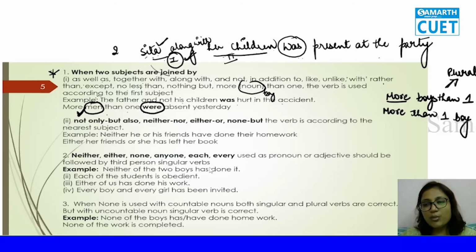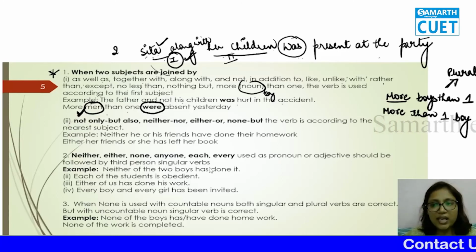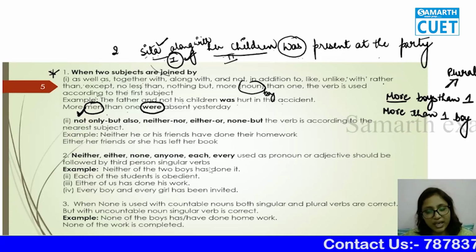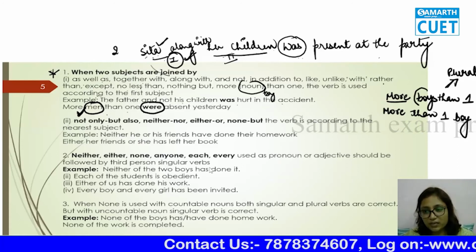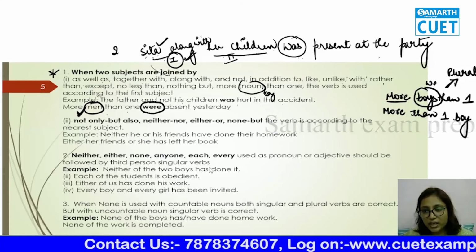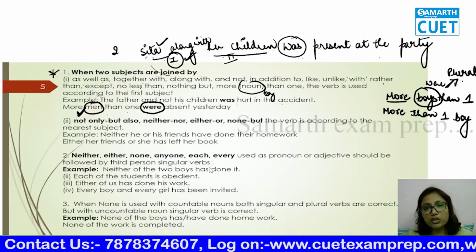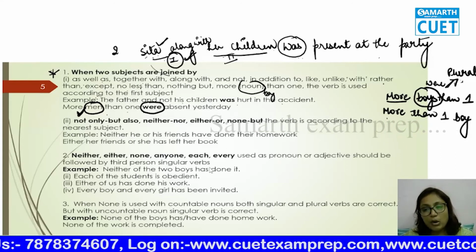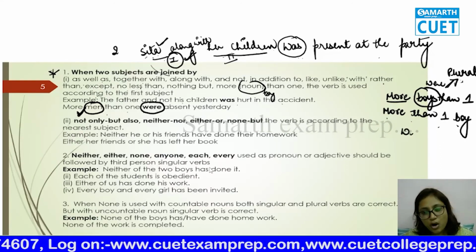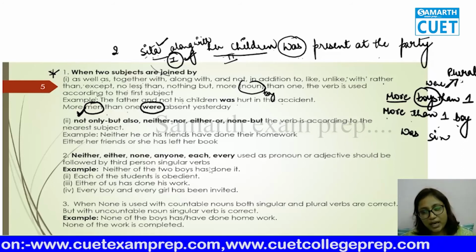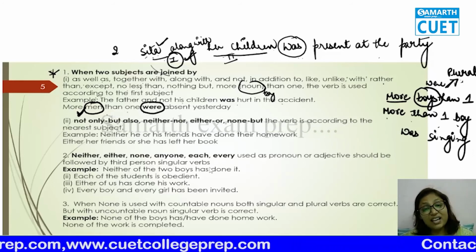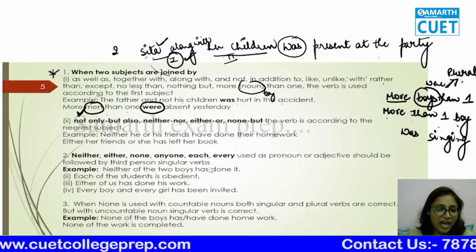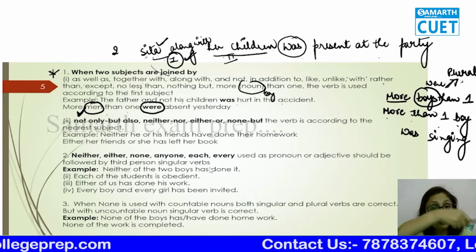That means "more boys than one were singing at the party." We are using were here because we have boys, and we are supposed to use a plural verb. "More than one boy was singing at the party," यानी एक से ज्यादा लड़का पार्टी में गा रहा था. "More than one man was absent yesterday."